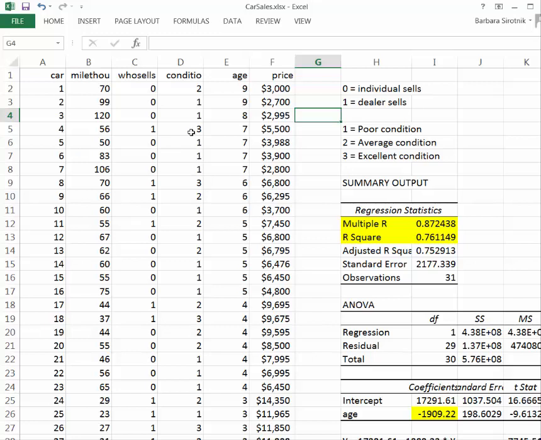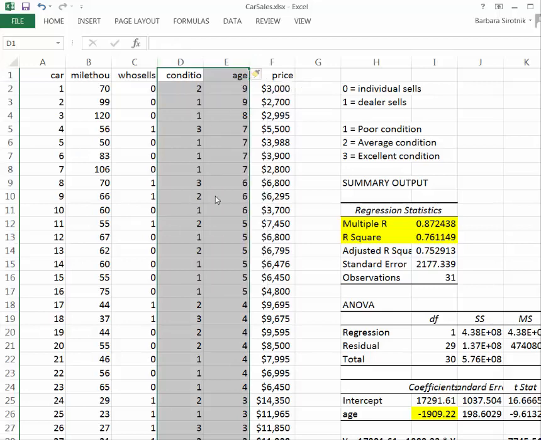The reason is the 1, 2, and 3 is not a quantitative variable where I can talk about the difference between a 1 and a 2 being the same as difference between a 2 and a 3. Rather, I'm going to need to develop 2 new variables for condition, 2 new dummy variables. And let's see how I'm going to do that. The first thing I'm going to do is to insert a couple of variables.